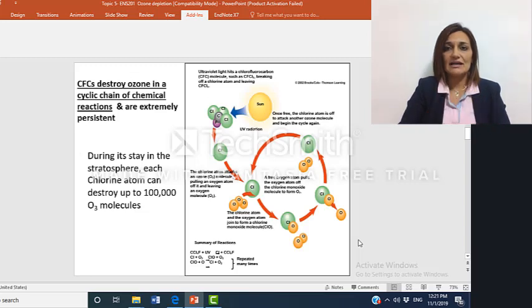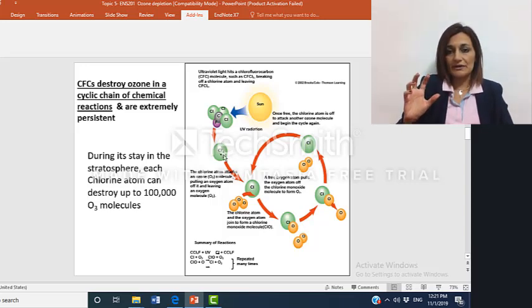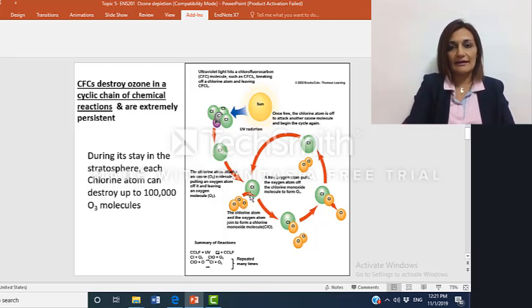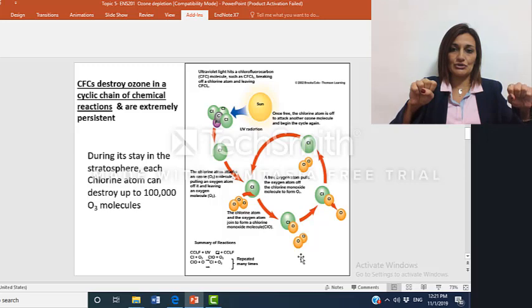It's quite interesting. Let's start with the sun. When the sun hits a CFC, we see the C in the center, carbon, F, fluorine, and chlorine around it. When the sun hits it, Cl is stripped out. Now it is free. It has to attack something. It attacks the O3, as we see here. When it attacks O3, it forms ClO, and O2 is removed. And the O3 is then damaged into O2 and O, and ClO.